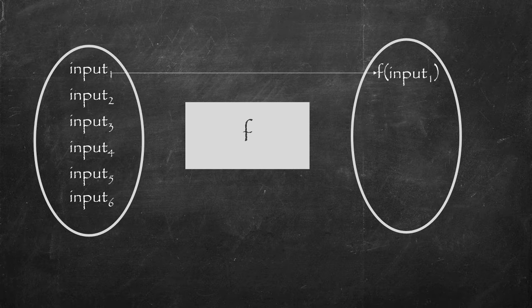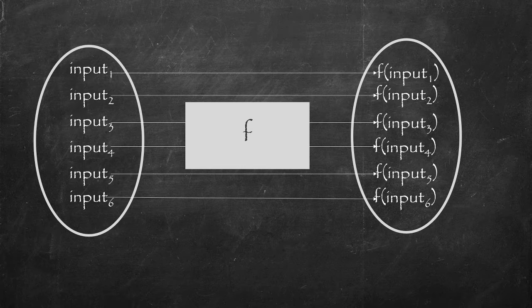This is fairly standard, and mathematicians for some reason have gone very creative and used the letter f to describe a generic function. So creative, right? Anyway, here what you see is a mapping from inputs to possible outputs, which is the primary job of a function.